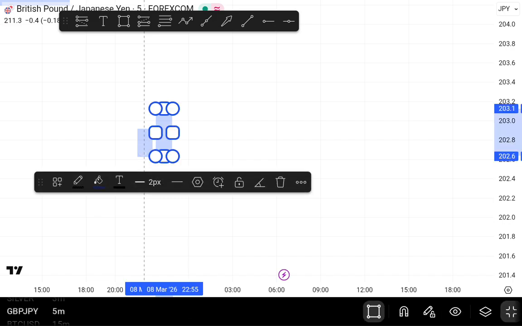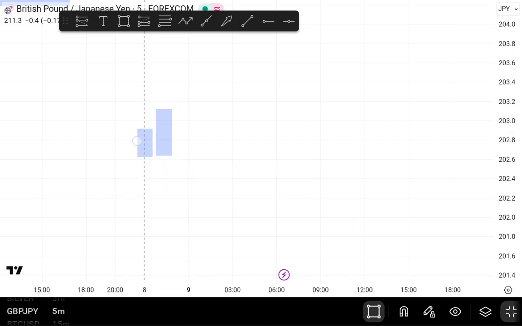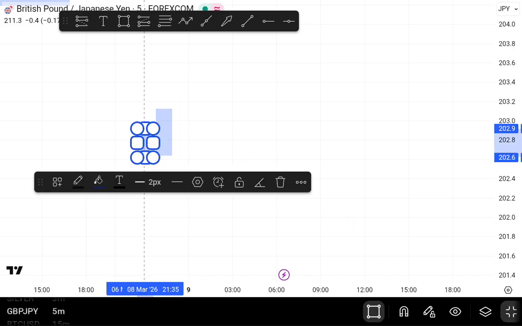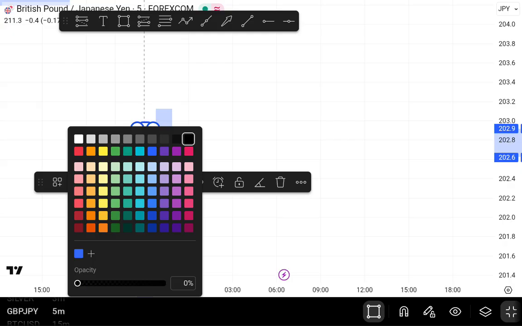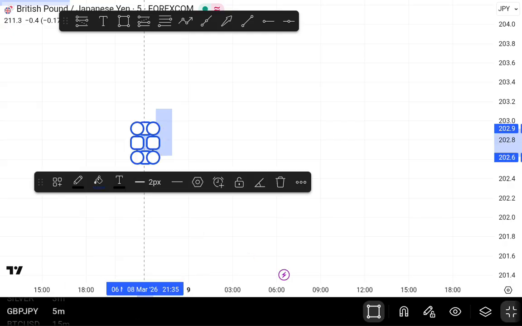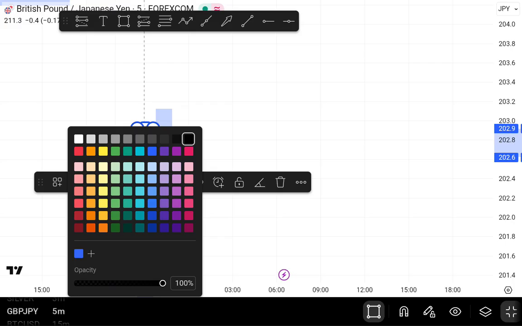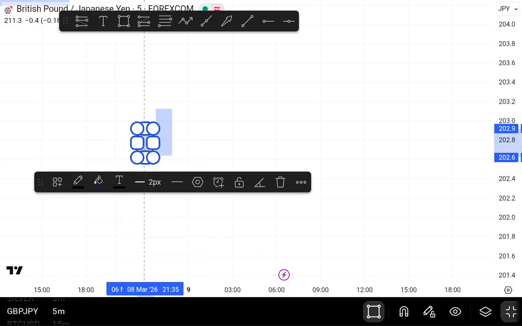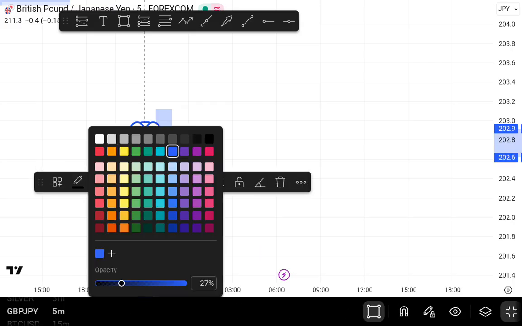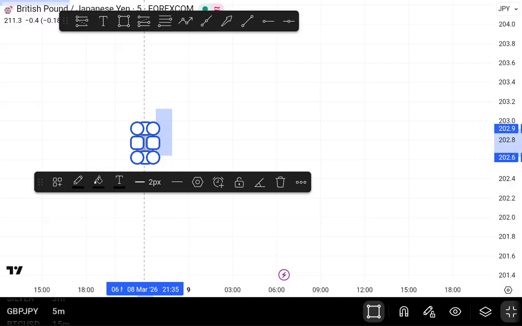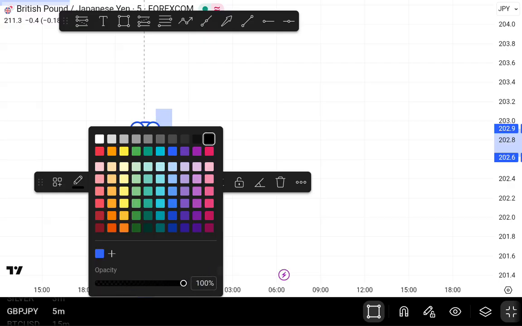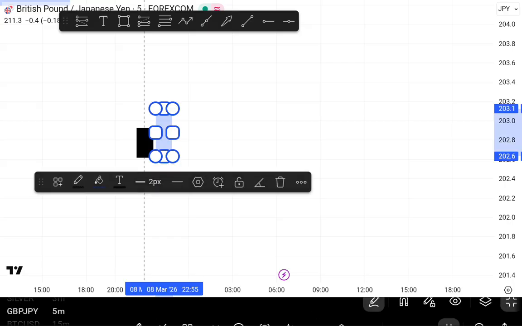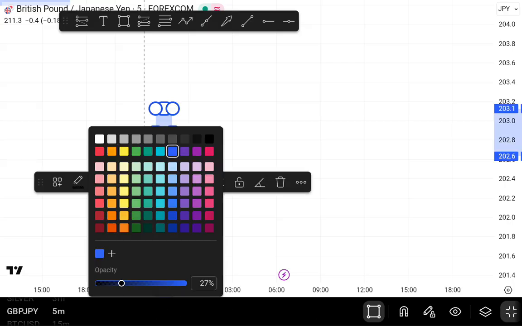We have a bearish candle that's engulfed by a bullish candle.